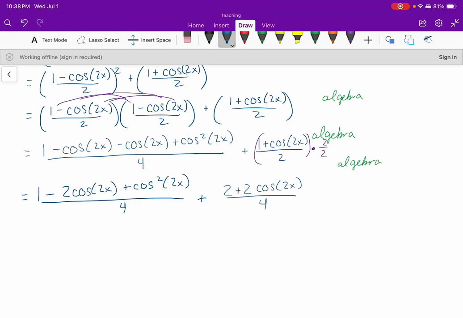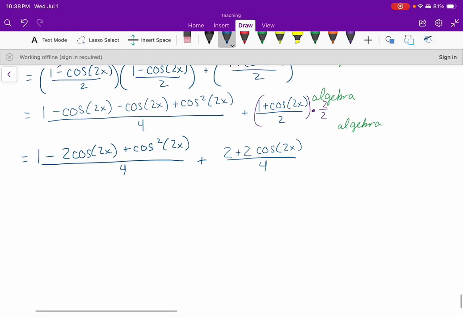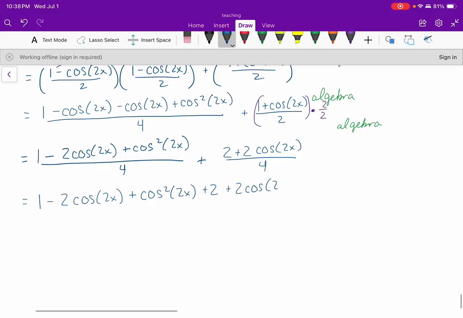I'm still just doing algebra. To put this all together, I get 1 minus 2 cosine 2x plus cosine squared 2x plus 2 plus 2 cosine 2x, all divided by 4.